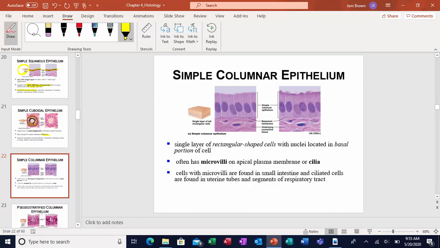Simple columnar is one layer of column-shaped cells. And you notice that all the nuclei are close to that basement membrane.